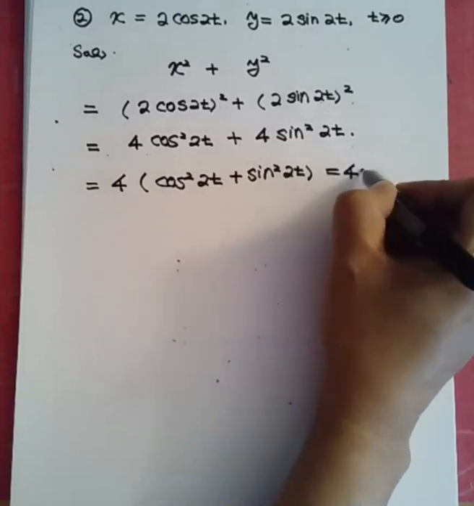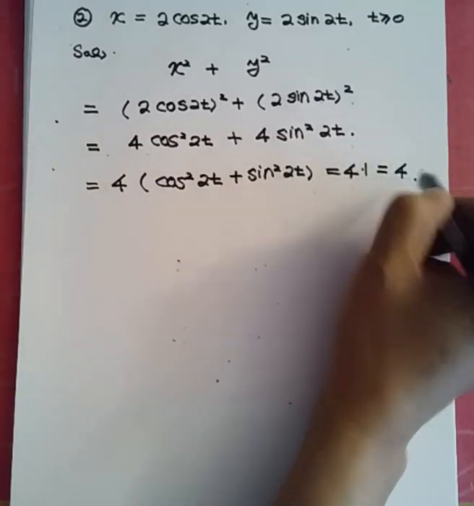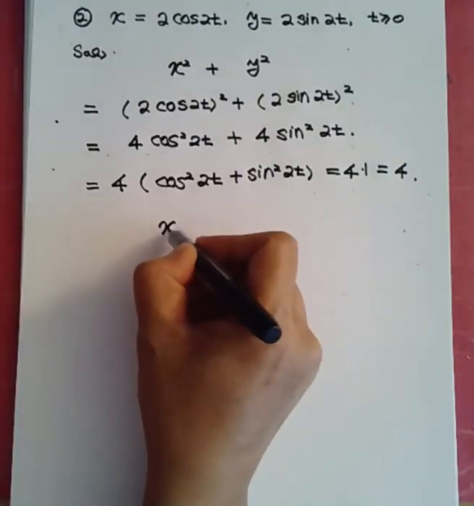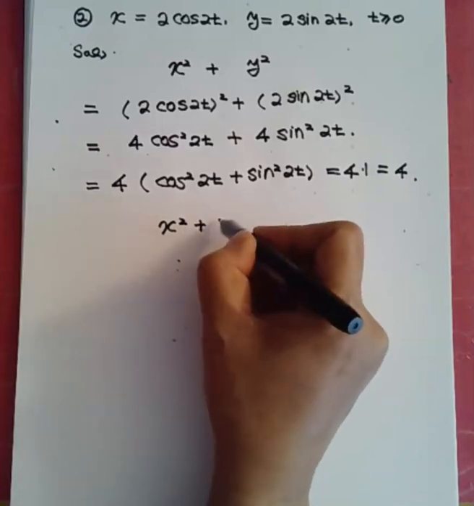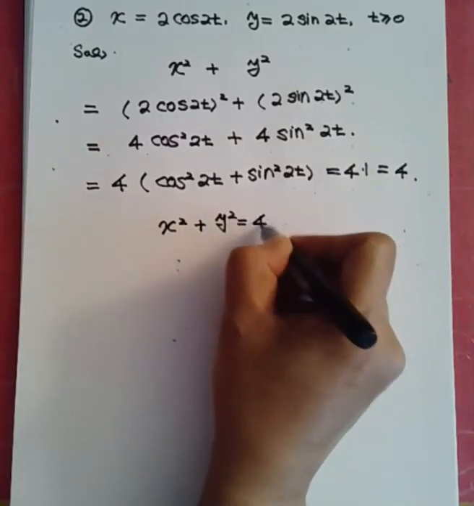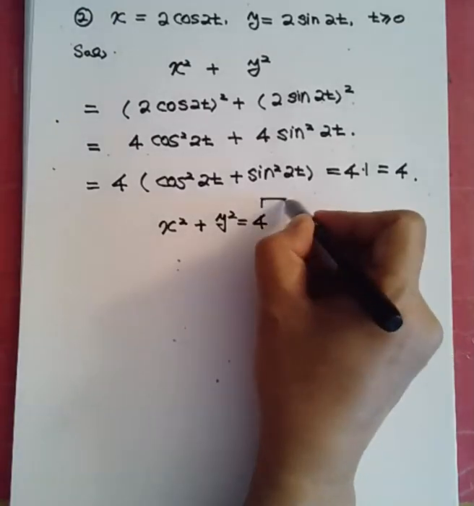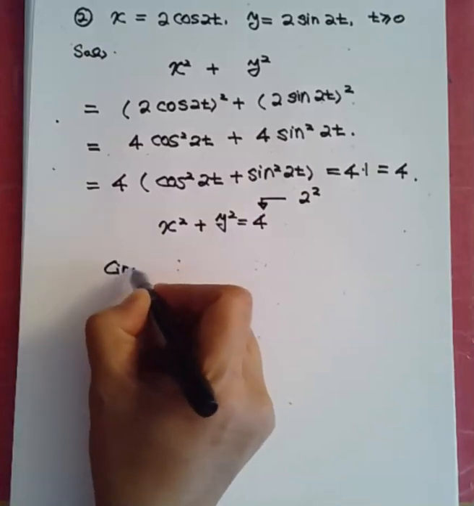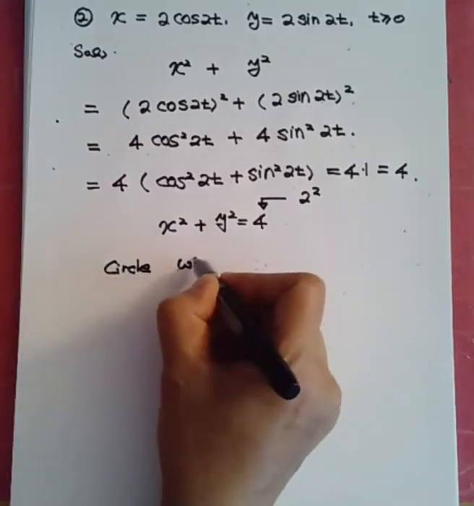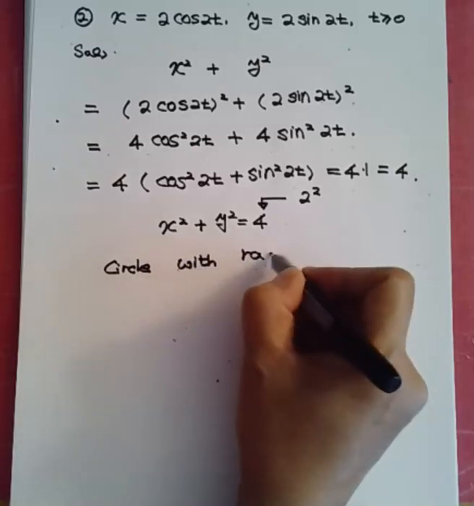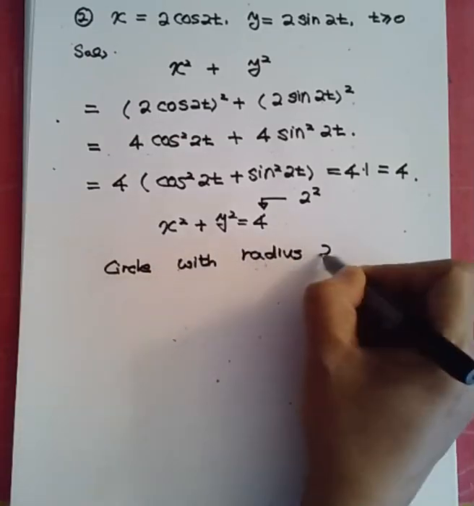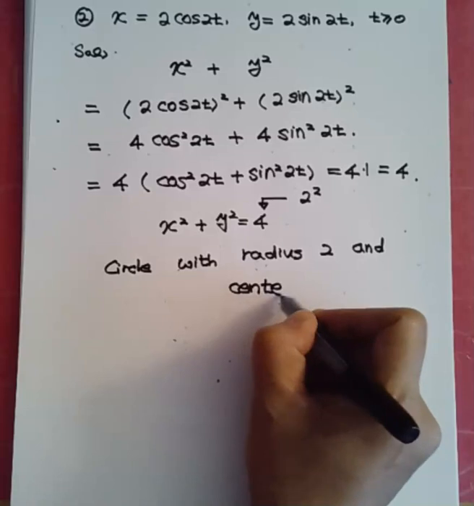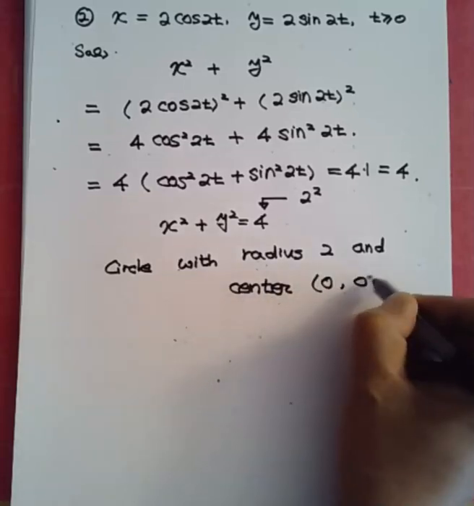That is 4 times 1, which is 4. After all, we are getting the same rectangular equation, x squared plus y squared equals 4. So 4 was 2 squared. So that is the equation of a circle with radius 2 and center (0, 0).